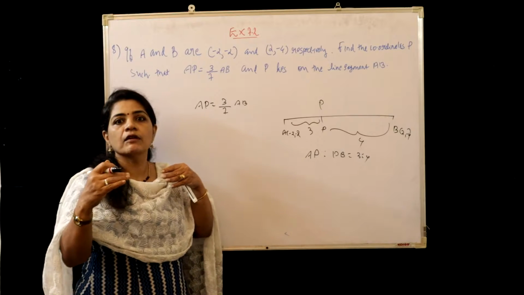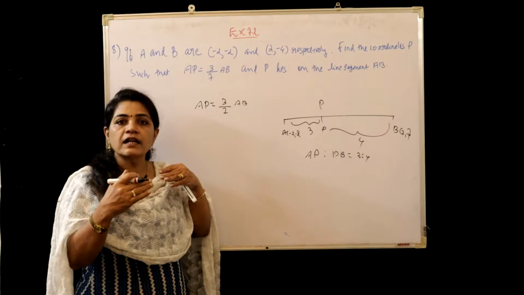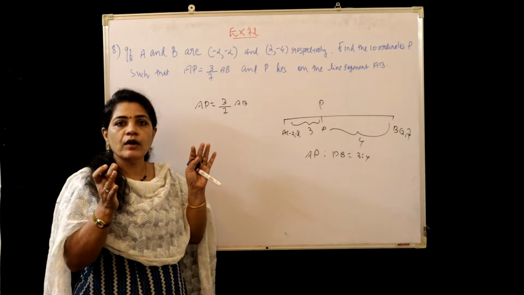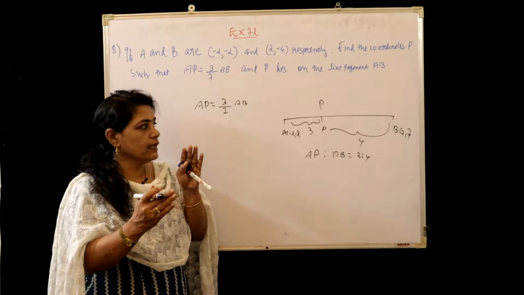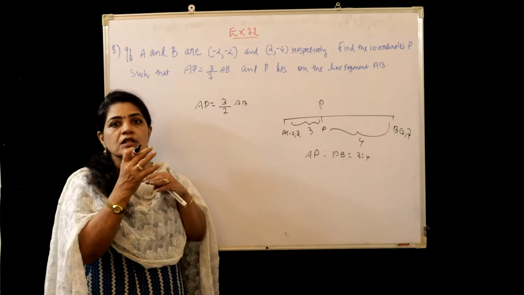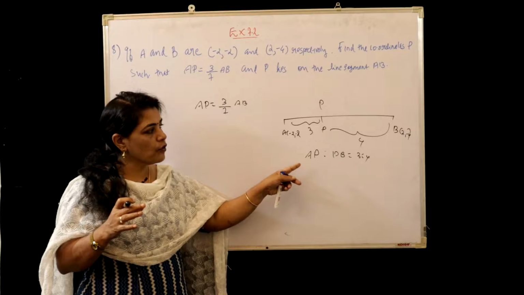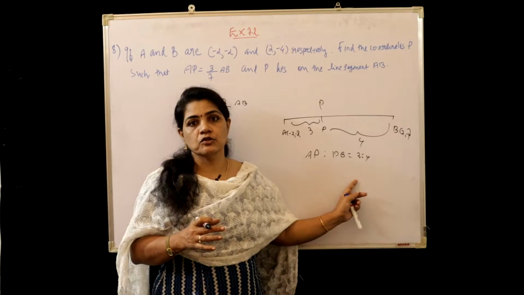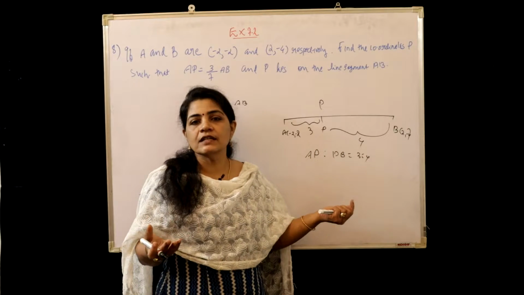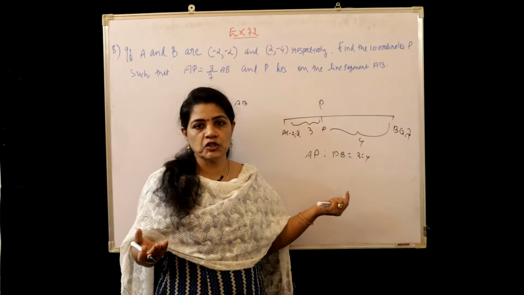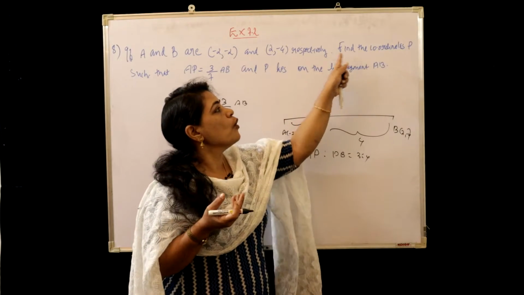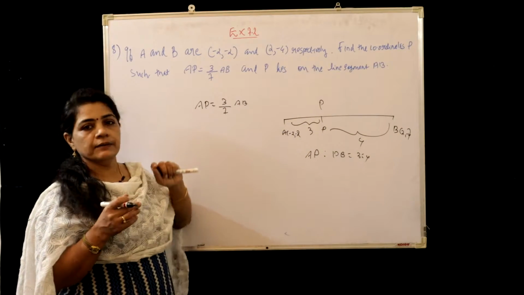So AB is divided into 7 equal parts, and from A to P there are 3 equal parts. So 3 is to 4 is the ratio of AP to PB. Now it is very simple. You can apply the section formula to get the coordinates of P.